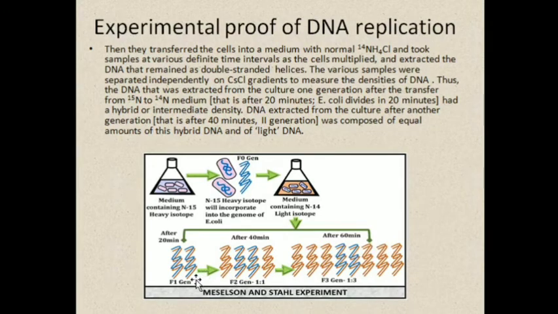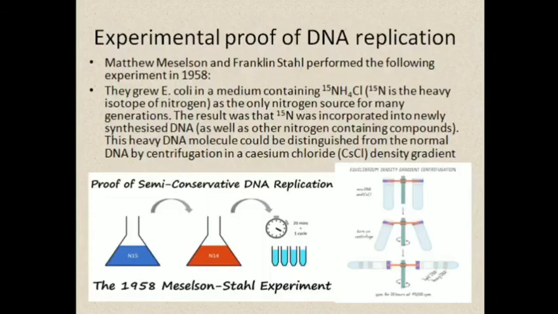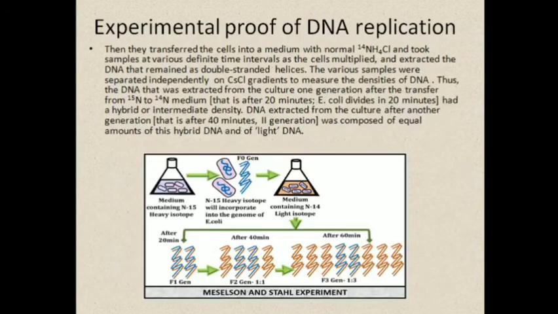Based on the centrifugation gradient, it was found that there were different results. In the first generation, the DNA was a hybrid, because it was grown in N14. One strand was the old DNA which had N15 heavy isotope, while the new DNA synthesized had N14. So in the first generation, in the centrifuge, there was only a single layer.